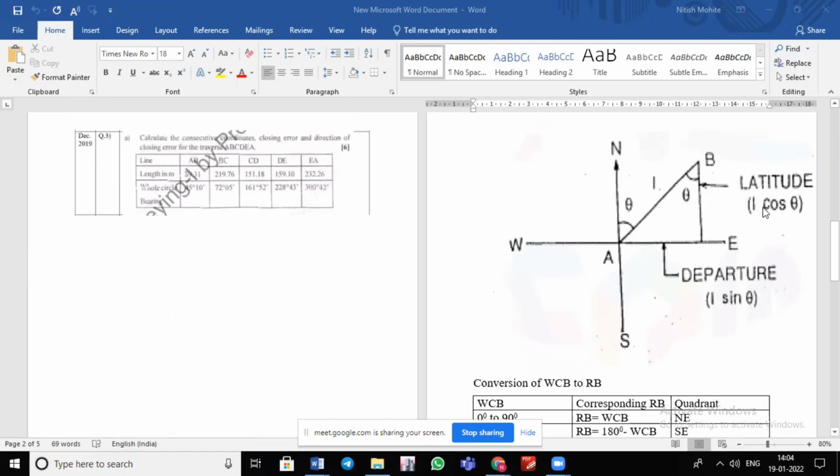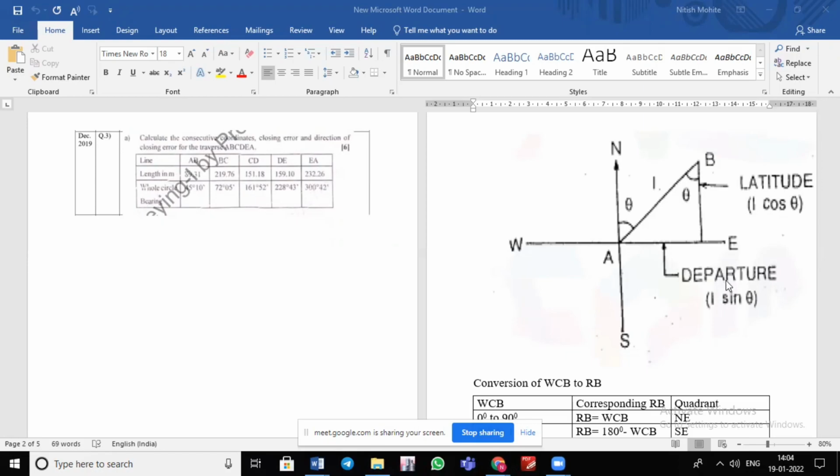Latitude is the distance measured parallel to the north-south direction. It is denoted by capital L, and the formula for calculating latitude is L cos theta, where L is the length of that side of the traverse and theta is the bearing. Whereas departure is the distance measured parallel to the east-west direction.